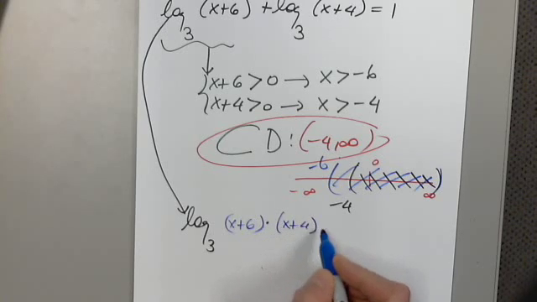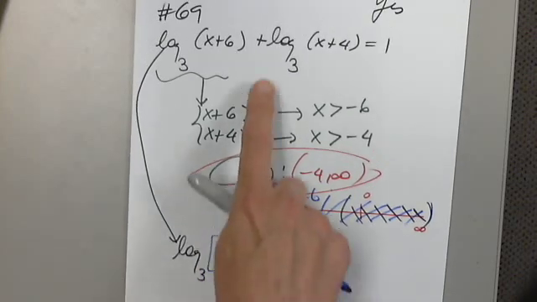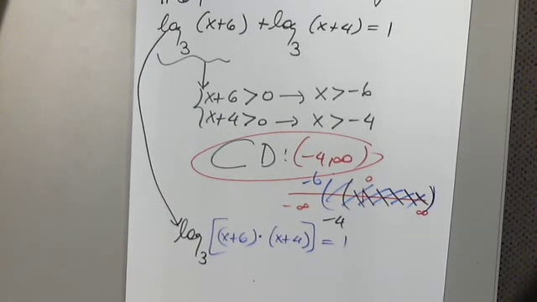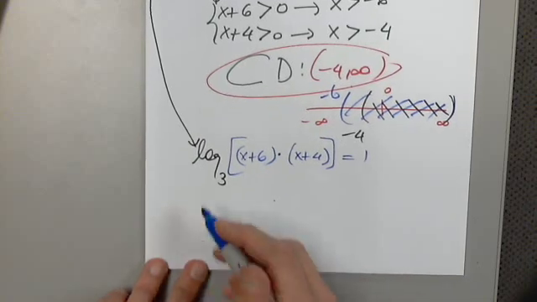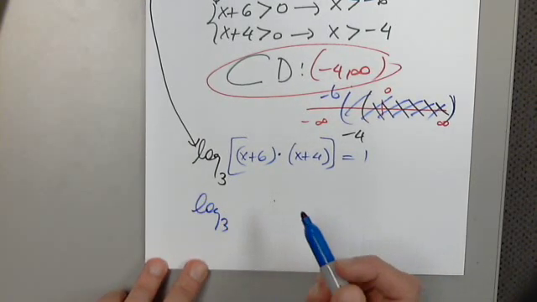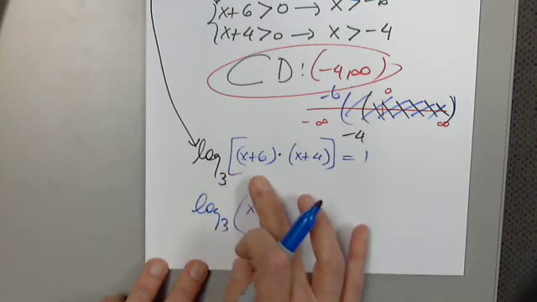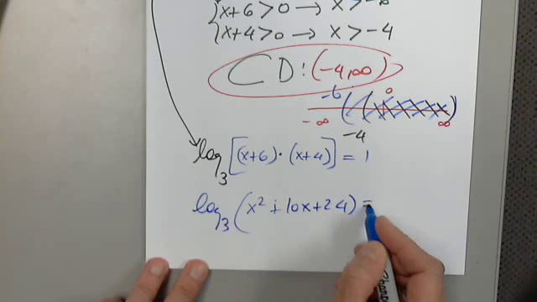Yes, indeed, equals 1. Log applied to a product is the sum of logs. Is that clear? So then log base 3, I will distribute x squared plus 4x plus 6x, 10x plus 24 equals 1.